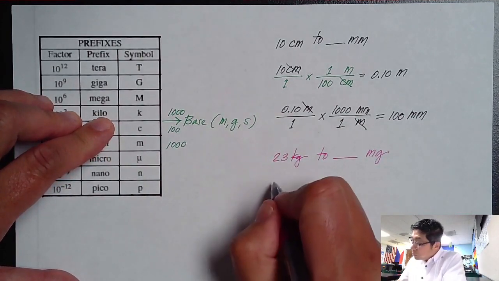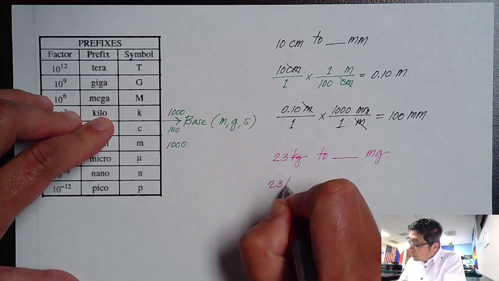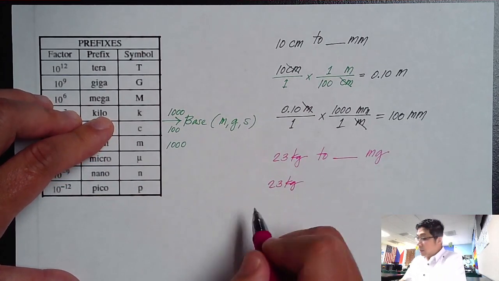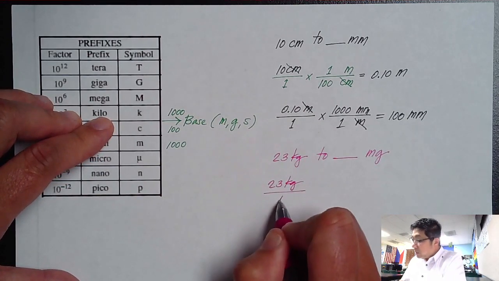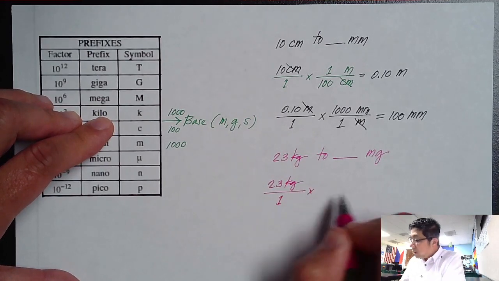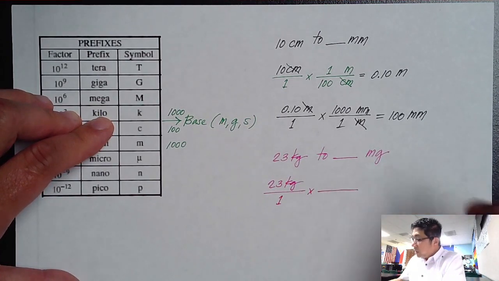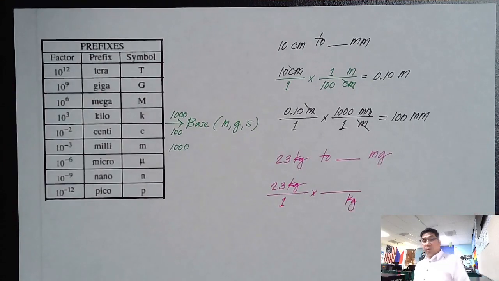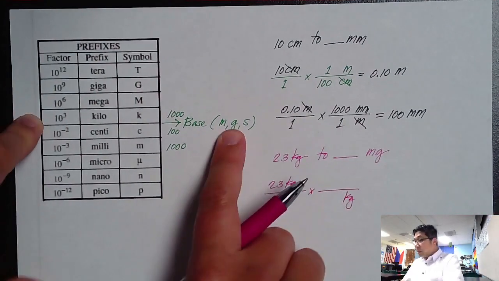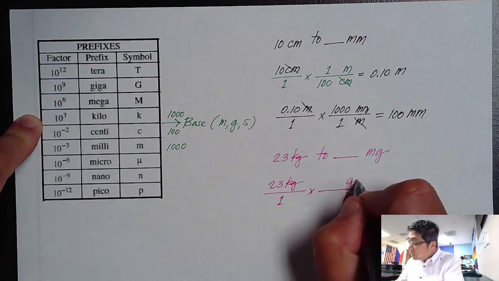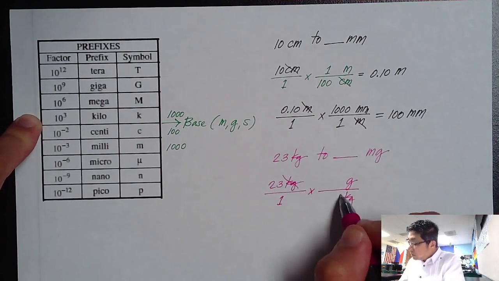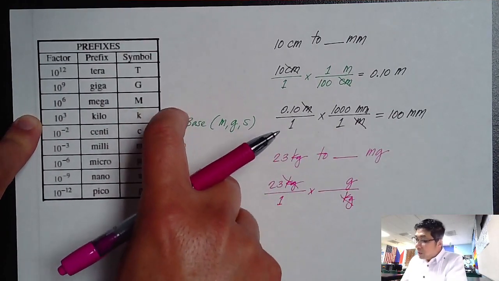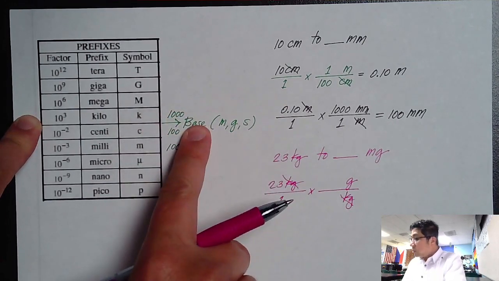Okay. So first step is 23 kilograms, and then let us place our imaginary 1 for a fraction, and therefore let's place our kilogram. And then what is the base unit of kilogram? The base is simply grams. Kilogram cancels out. If you notice, kilo is 1,000 and the base is 1.